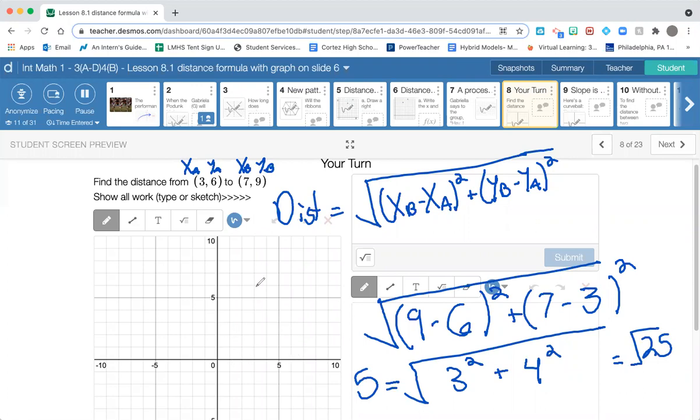If you're not convinced, you could plot it out. But this is a pretty typical type of right triangle that comes up. 3, 4, 5. So that's the distance formula. This helps us get there. Keep going with the other ones, though.